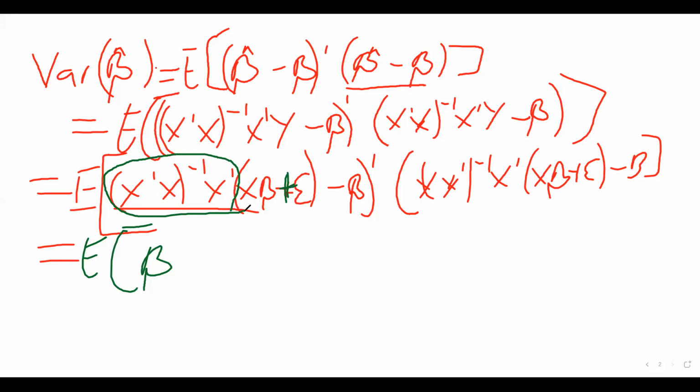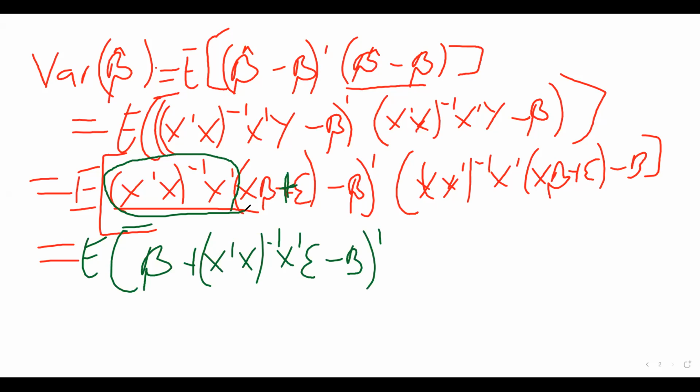So we are going to have plus (x prime x) to the power negative 1, x prime epsilon. And then finally we have our minus beta. And then we have this. Now, that's the same thing on the right hand side.